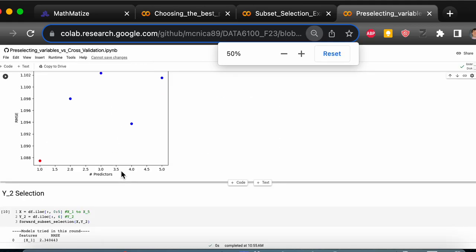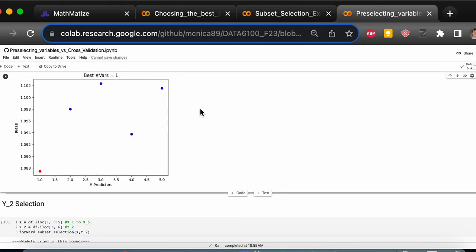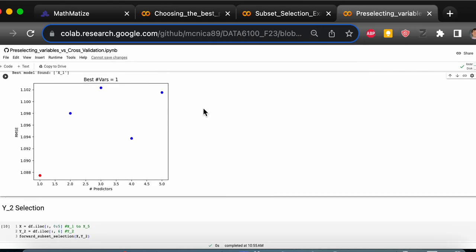So this is for the y1. With only one variable, you have the best score, and then these other variables are just making it worse, right? You're immediately overfitting. As soon as you have one predictor, you're doing great, and the other ones are completely overfitting. And you can say, oh yeah, the best thing to do is 1. And it's pretty noisy, right? So maybe you want to rerun it. But the best thing to do for y1 is 1 predictor.